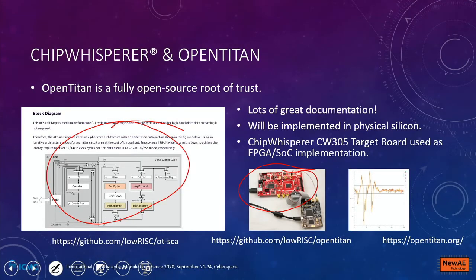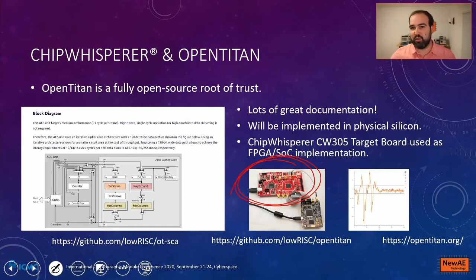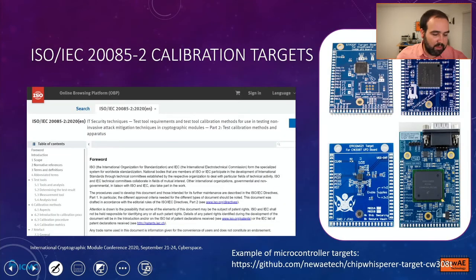This board here could be a good calibration target, because you could run a specific crypto implementation like OpenTitan on it and say it takes X number of traces to leak. The ISO spec goes through what some of those calibration standards mean. Basically, you need some physical hardware that we can compare between different setups to ensure we have consistency of setups.